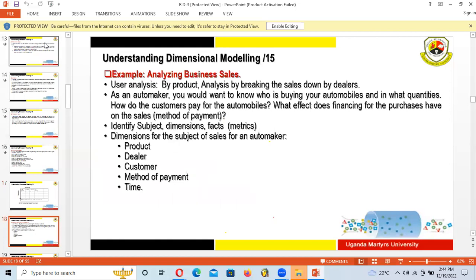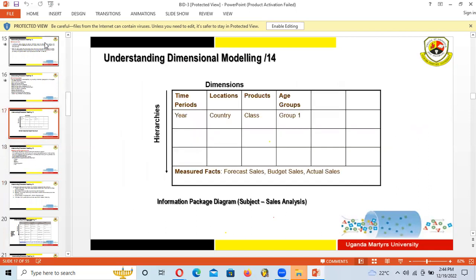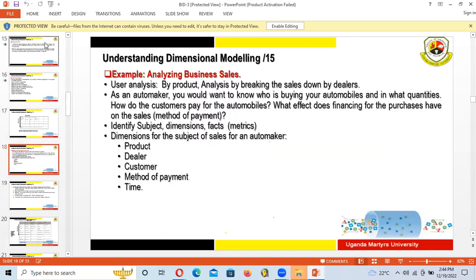Then we have an example: analyzing business sales, analysis by product, analysis by breaking the sales down by dealers. As an automaker, you would want to know who is buying the automobiles and in what quantities. How do customers pay for the automobiles?